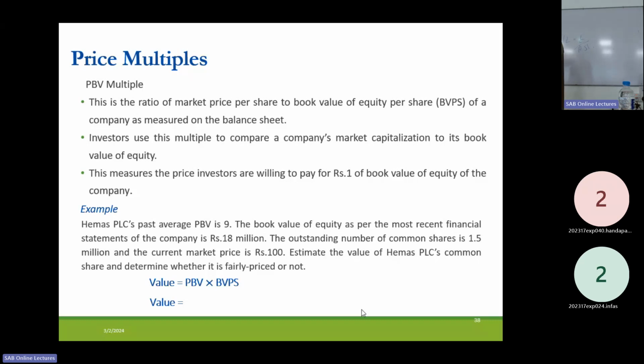If you are taking the price to sales multiple, and it is 10, it means that for 1 rupee of sales, investors are willing to pay 10 rupees. So the variable is sales.